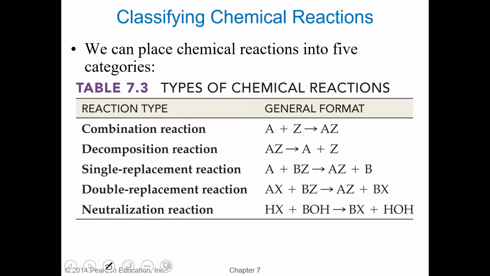So generically, this is how we can represent these different types of reactions. Combination, A plus C gives us AZ. Decomposition, AZ decomposes back into A plus C. Single replacement, we have a single metal and some sort of ionic compound. And if a reaction will occur, the single metal will replace the metal in the ionic compound.